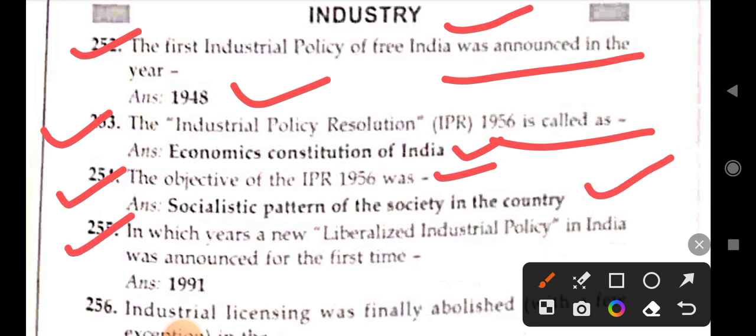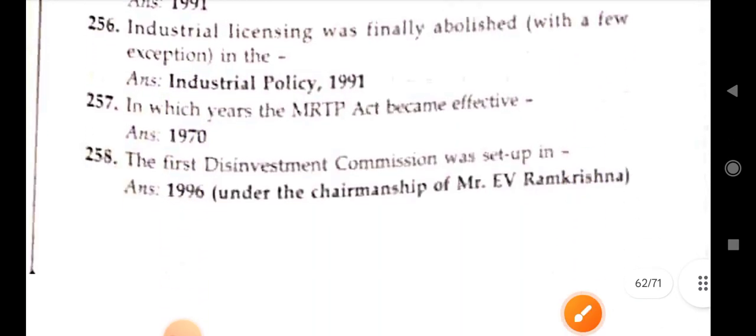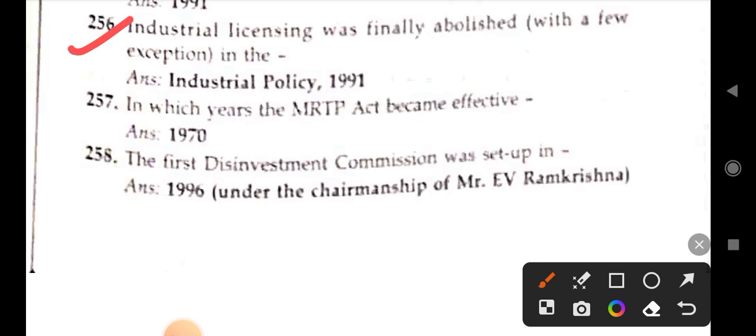Next, in which year was a new liberalized industry policy in India announced for the first time? 1991. Next, the industrial license was finally abolished with a few exceptions in the Industrial Policy of 1991.